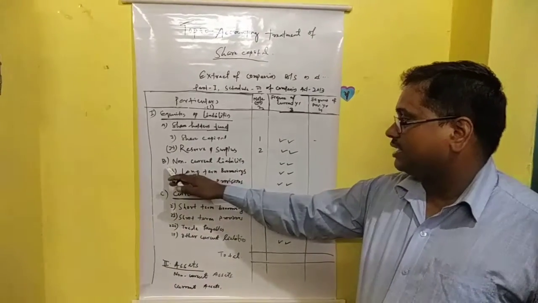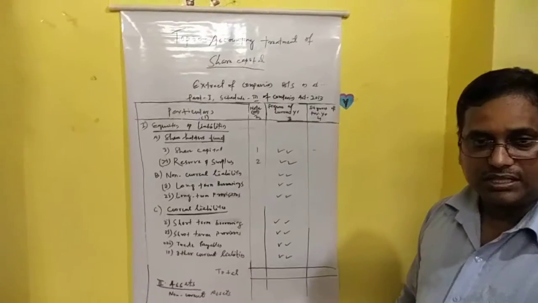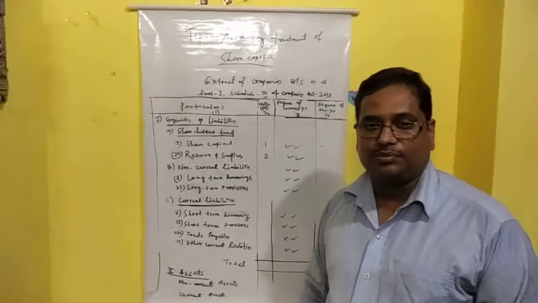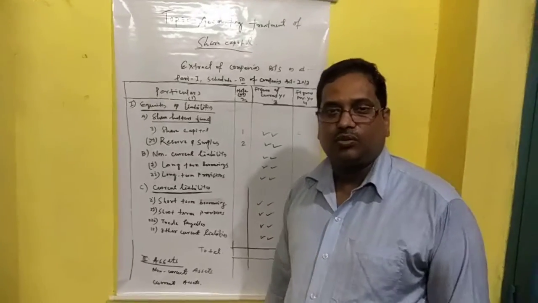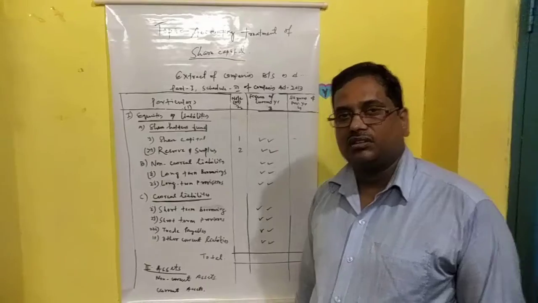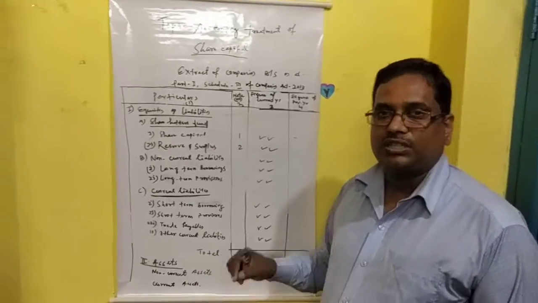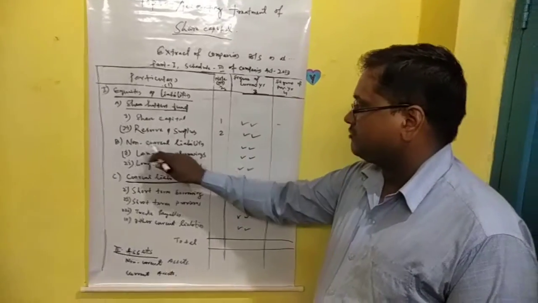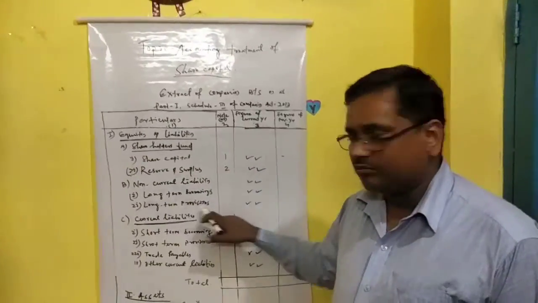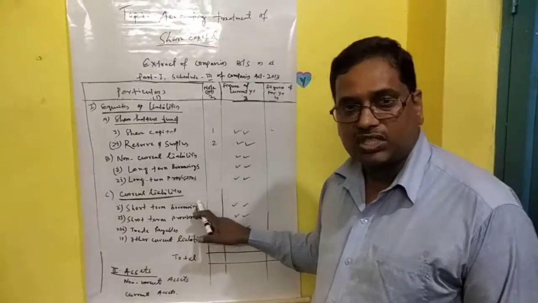Next is the second column, non-current liabilities. All of you know what non-current liabilities are: the liabilities whose life is more than 1 year. That means the liabilities which are to be paid off after 1 year, not within 1 year. Under non-current liabilities come long-term borrowings and long-term provisions.